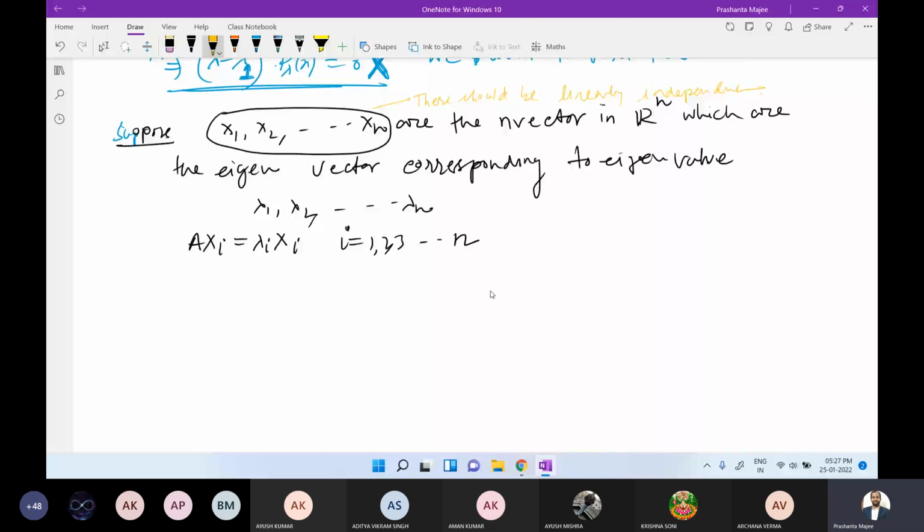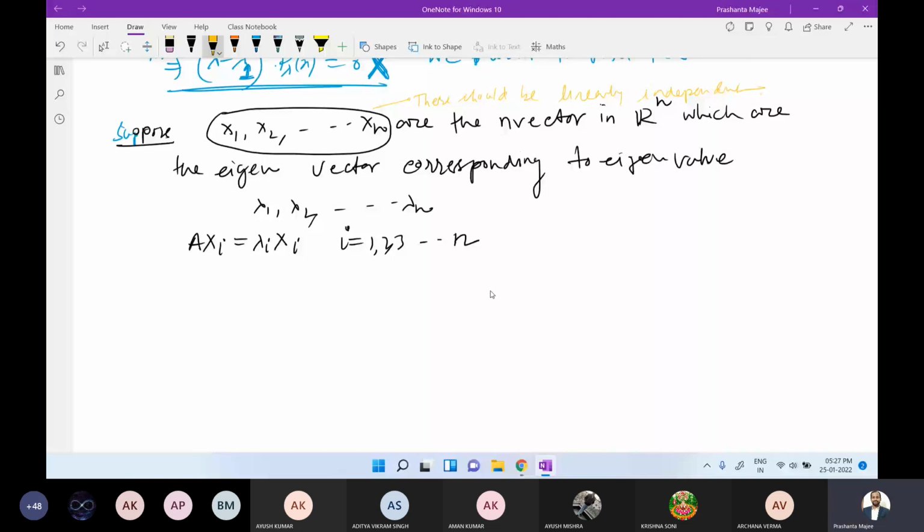So this is another restriction on the matrix. The matrix should have n linearly independent eigenvectors. So which we are assuming. एक मैट्रिक्स के n linearly independent eigenvectors नहीं भी हो सकते हैं, but to apply this method it must be.